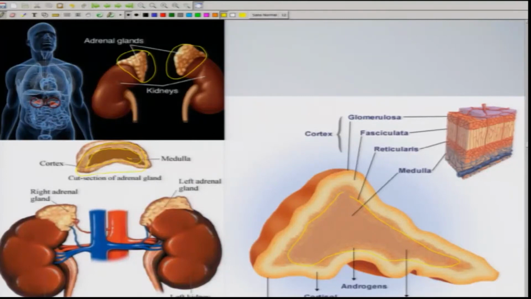The cortical region could be further classified into different levels: fasciculata, reticularis, and glomerulosa. So here you have the glomerulosa, which is the outermost, then the fasciculata, and then the reticularis. They are located like this, three layers, and each one of these layers has a different function.